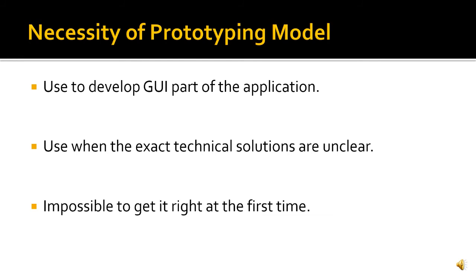So we can conclude that the prototyping model is considered to be useful for the development of not only the GUI parts of a software but also for a software project for which certain technical issues are not clear to the development team.